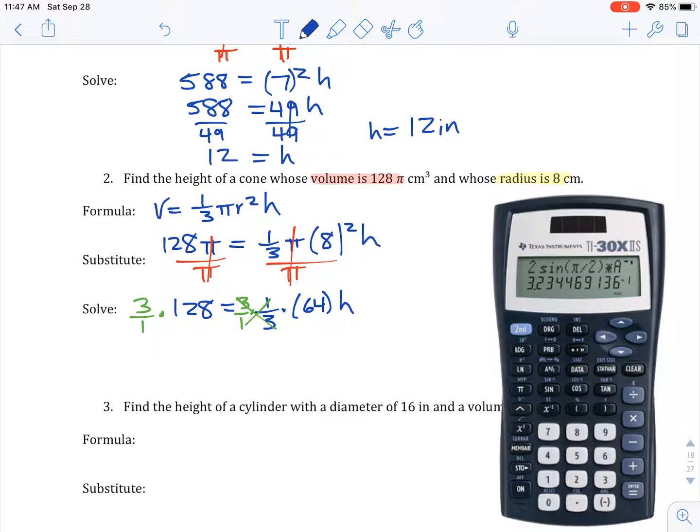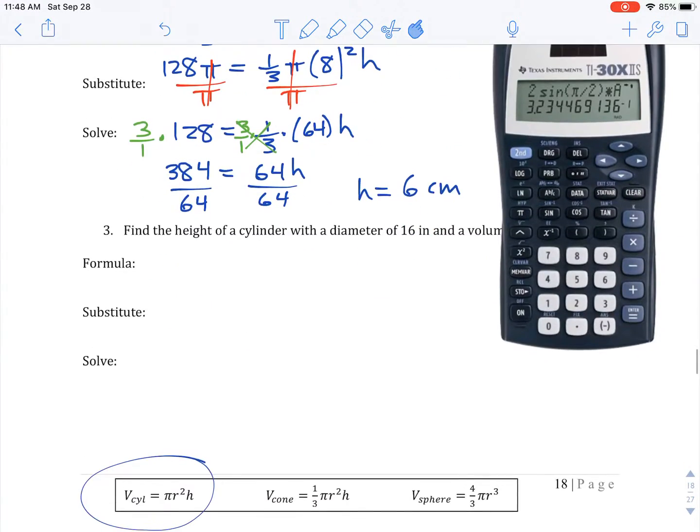And then 3 times 128 would be on the left side there, and then just 64 on the right side. So we get 384 equals 64h. Then divide by 64, and we get our answer for h. And our answer should be 6 centimeters. Because our volume was in centimeters, that's how we know what unit to use.